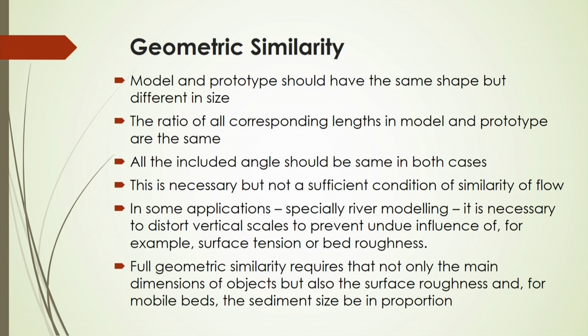In some applications, especially river modeling, it is necessary to distort vertical scales to prevent undue influence of, for example, surface tension and bed roughness. So, you have to carefully consider in which directions the length is to be considered.